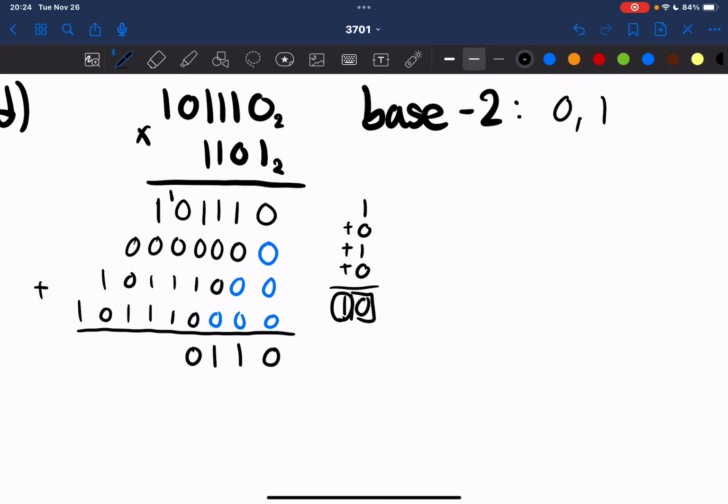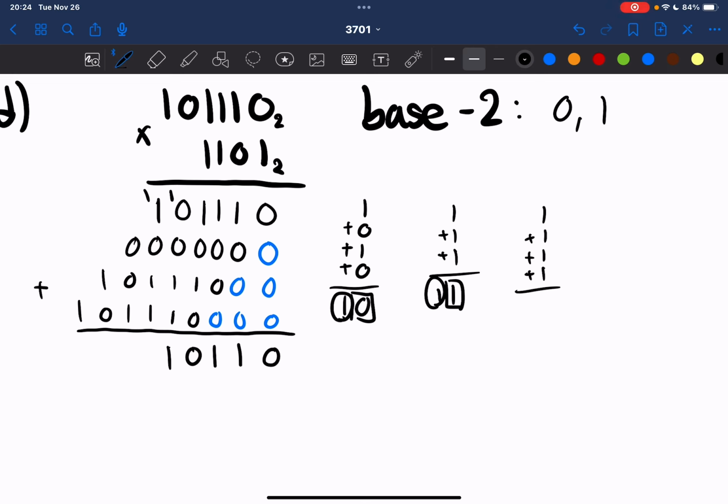And then for the next row, we have 1 plus 1 plus 1. That gives us 3, right? Or in binary, 1, 1. So we take that 1 and carry the 1. And then for this one, we've got 1 plus 1 plus 1 plus 1.